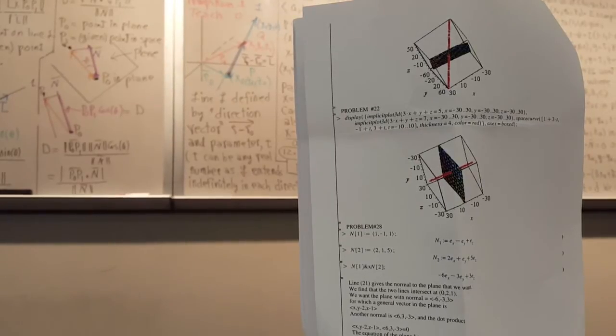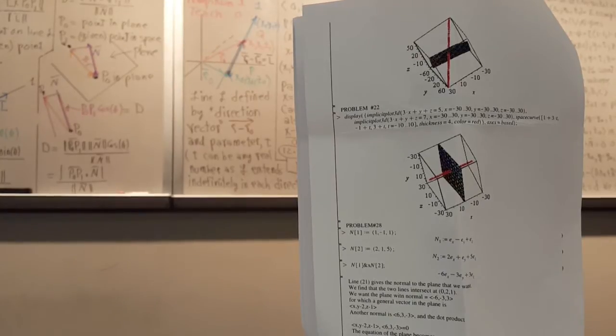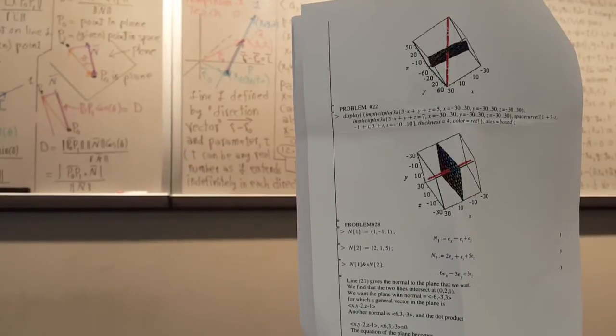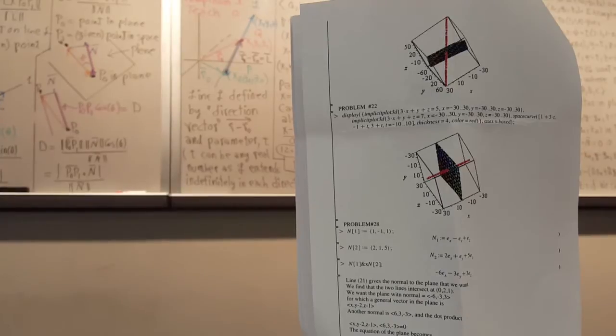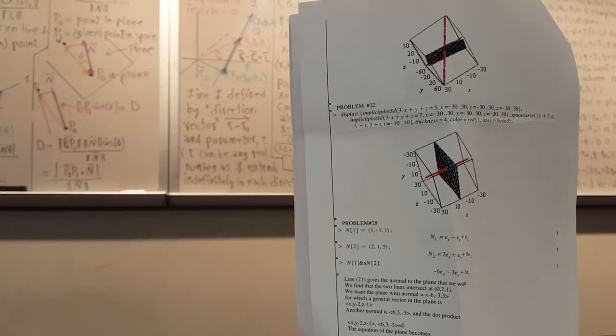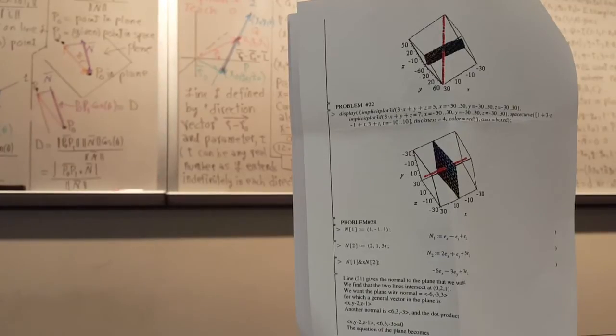And so anyway, my line 21 there, the numbers for the lines didn't print for some reason. You can see a parenthesis there. I don't know what happened, but anyway, the cross product there gives the normal to the plane.